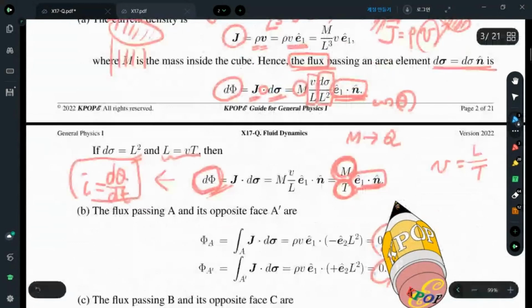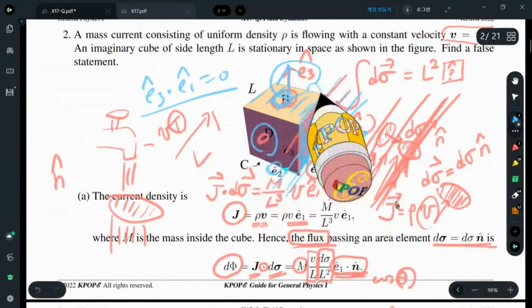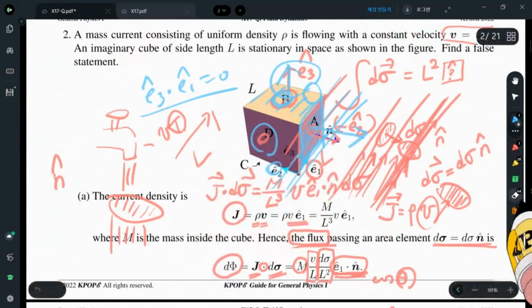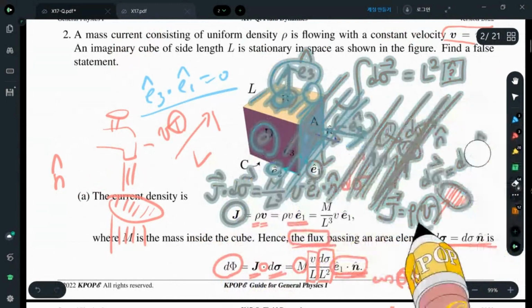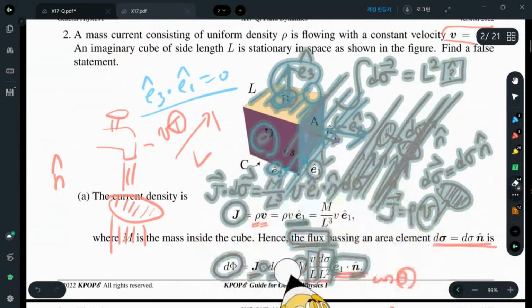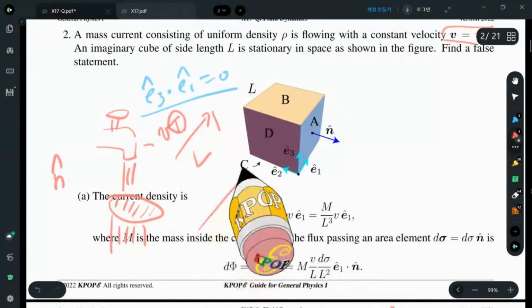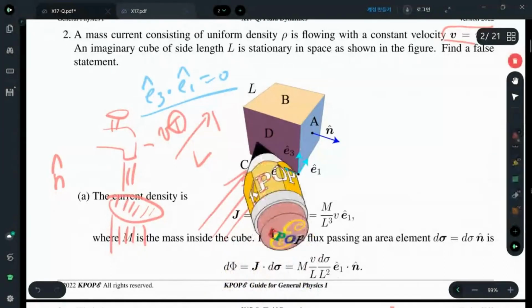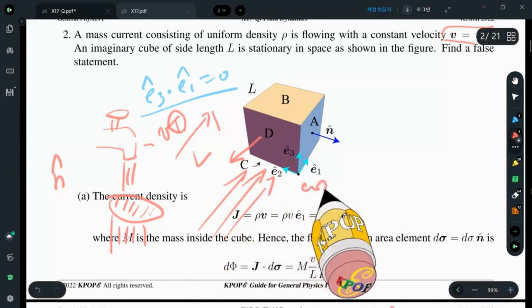D and D prime: here you have to determine the sign of the flux. J comes in, so mass is coming in. The normal vector of D is along this direction. What is cosine theta?